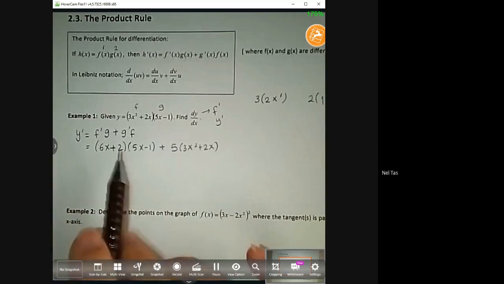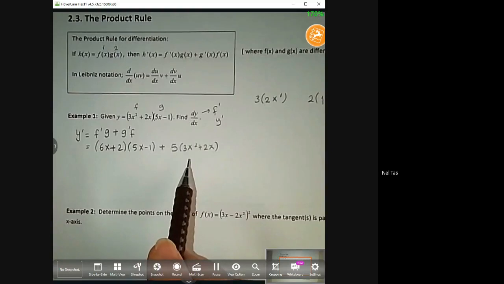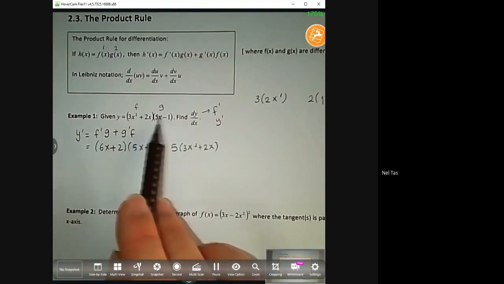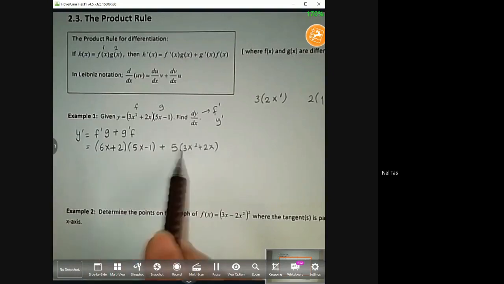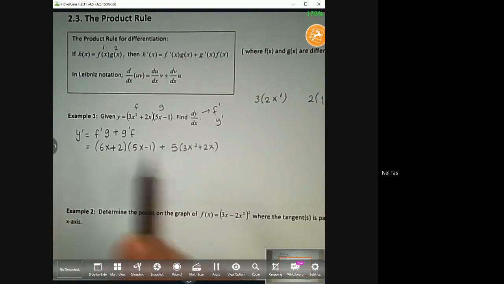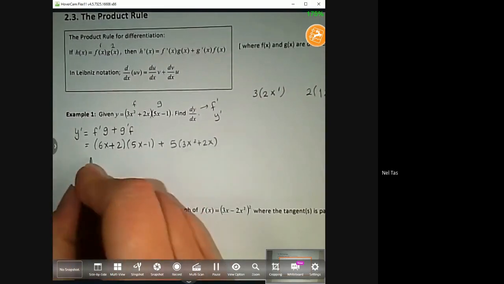After you do this, if there's anything that you can factor before you expand, do that. But in this case, there is nothing to be factored out at the moment. So we're just going to expand the whole thing and simplify.